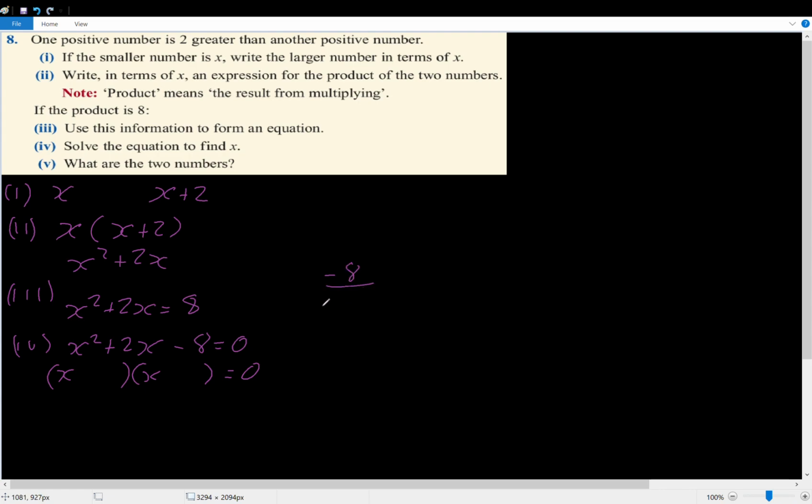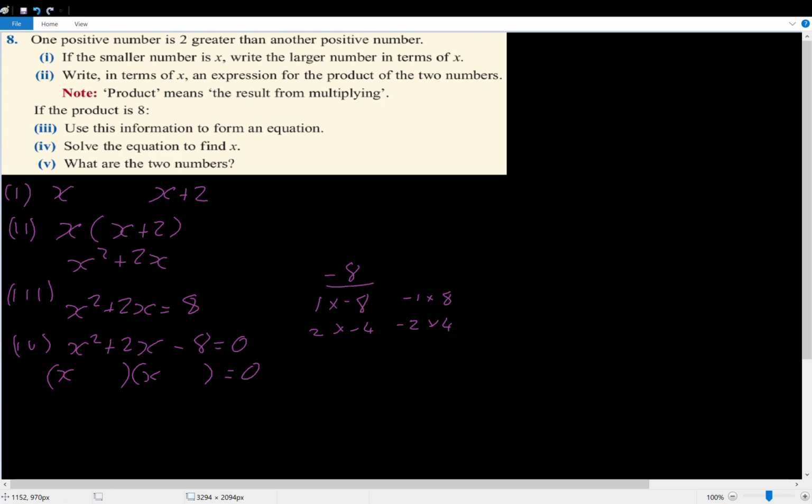We're going to have 1 times minus 8, or minus 1 times 8. We're going to have 2 times minus 4, or minus 2 times 4. And that is that. So we've just got to pick which one is the right one to use.